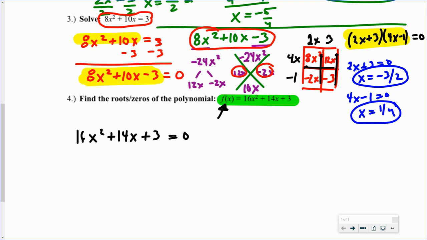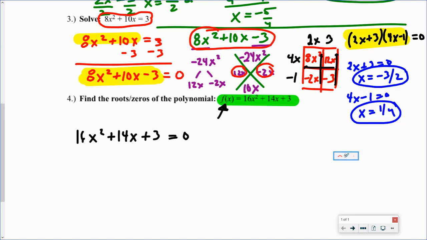Now this equation looks a lot like the equation that we saw in example number 3. So we're going to write 16x squared plus 14x plus 3, which is a standard form quadratic, in factored form. So I'm going to do that below.